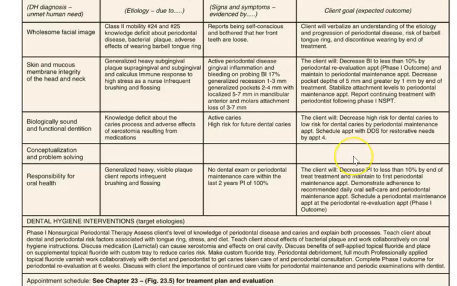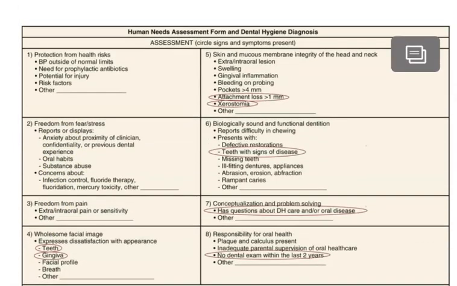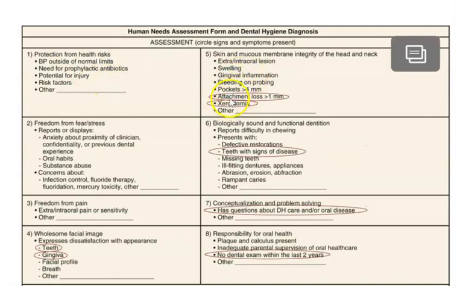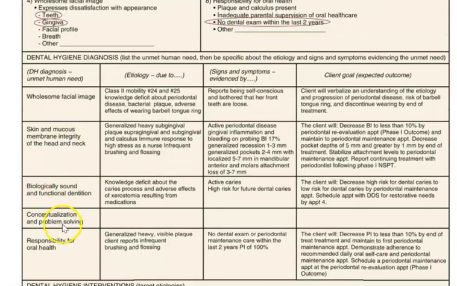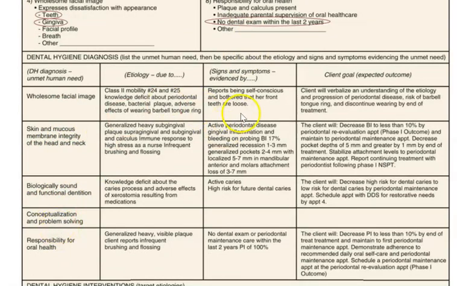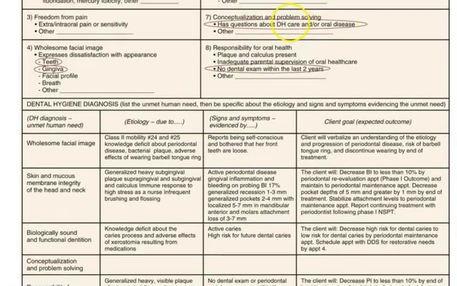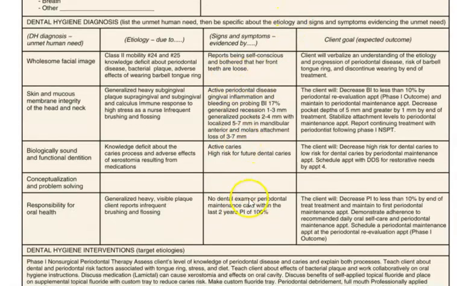So what I want you guys to get at is that when we're doing this, unmet human need is found from these over here. So everything that you have circled, anywhere you've circled, that's an unmet human need. So you need to pull down, put all those unmet human needs here. Then you got to write down their signs and symptoms. So everything that you've circled over here needs to be put in this column. And then you got to figure out, well, why?